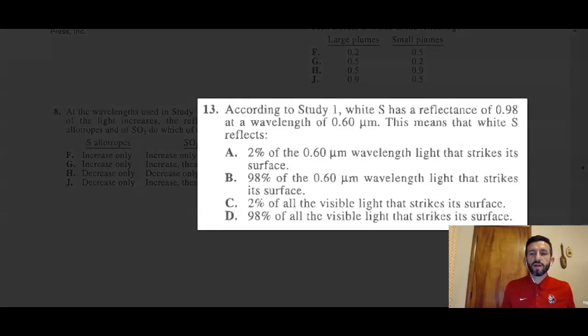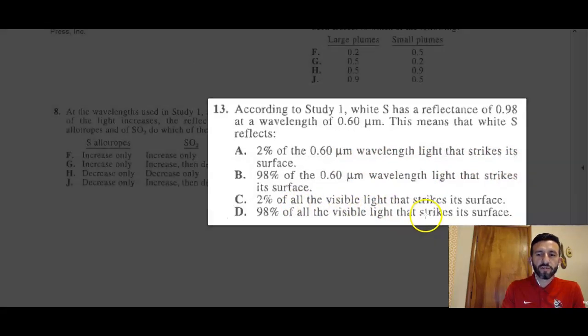According to study 1, YS has a reflectance of 0.98 at a wavelength of 0.60 weird letter M. Okay, this means that YS reflects. Now it gives me the different options here: 2% or 98% at 0.60 wavelength light that strikes its surface, or all the visible light that strikes its surface.